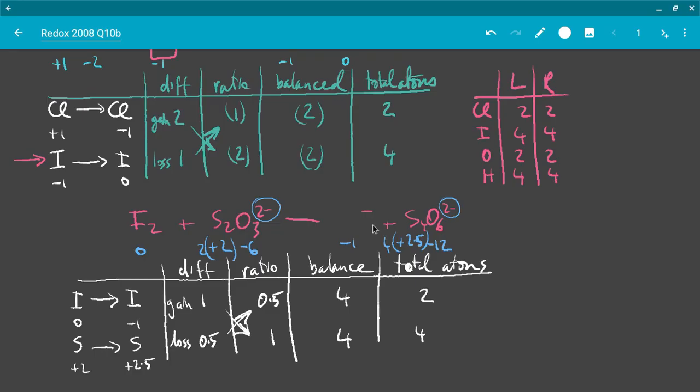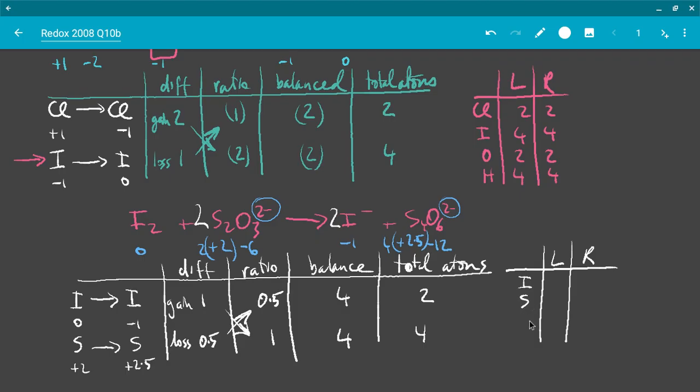So 2 atoms of iodine, we've already got 2 there on the left. Oops, I pressed the wrong button there. Undo. So I need 2 and 2. And now 4 sulfurs, so I've already got 2, so I'm going to put a coefficient of 2 there, and we've already got 4 on the right, so that's fine. And now let's check everything else is okay.